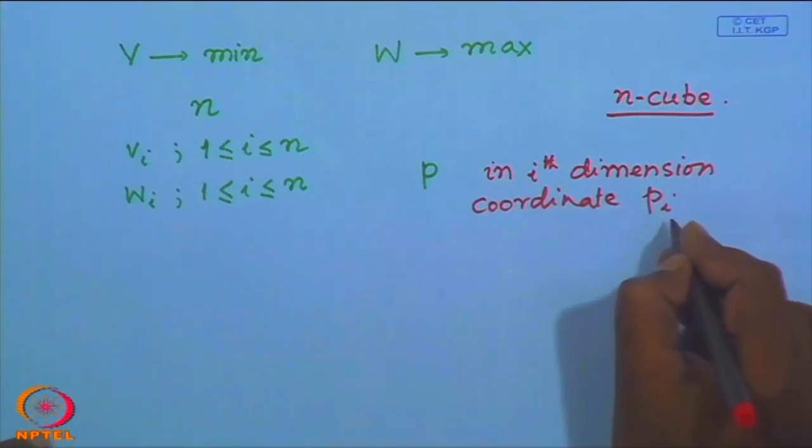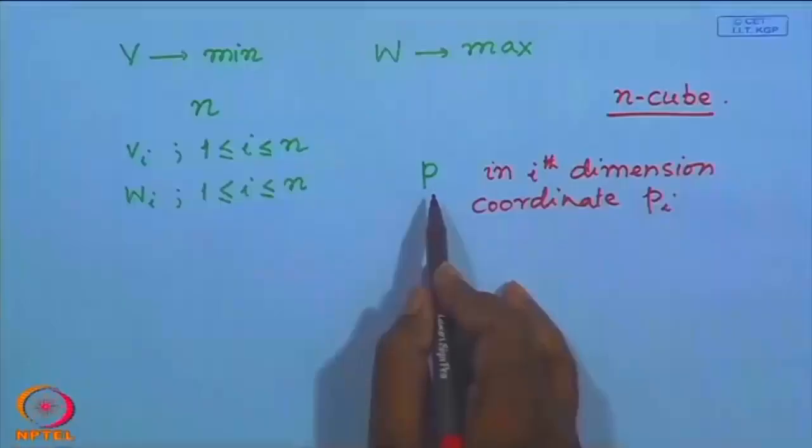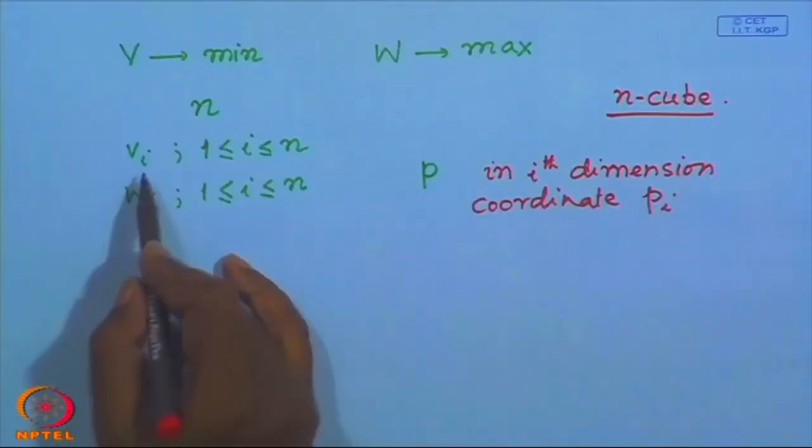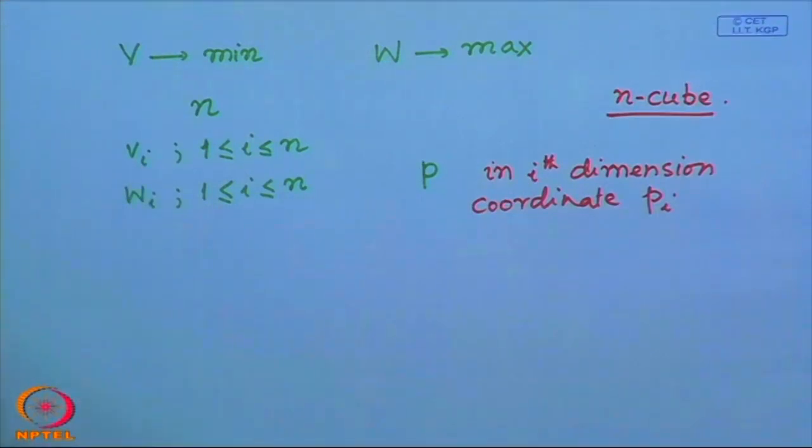Here again I varies from 1 to n, as we have n dimensional space. So, P is an n dimensional vector, as V and W are each n dimensional vectors.